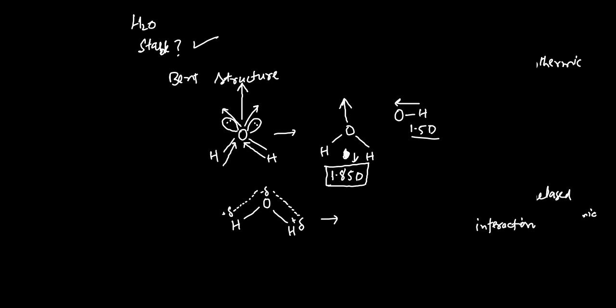Therefore, it's a strong polar covalent bond. Let's write it like this: strong polar covalent bond. And a strong polar covalent bond means highly stable. So water is quite stable.